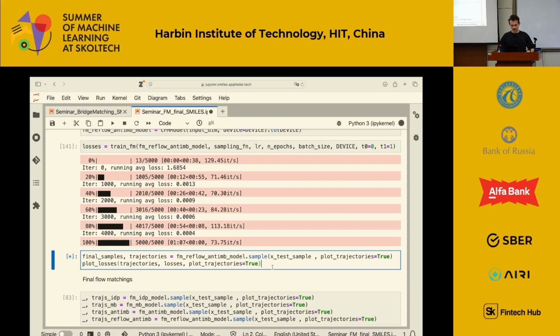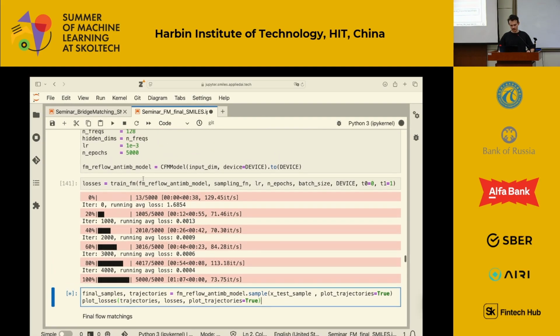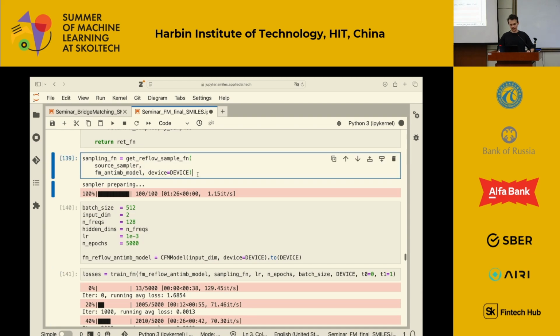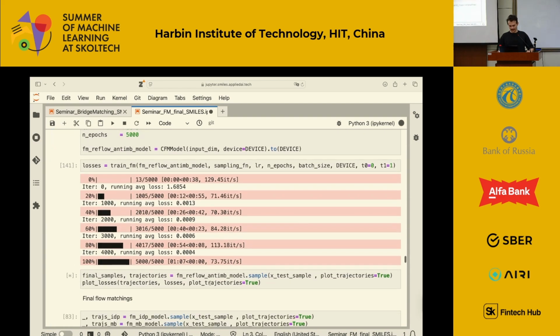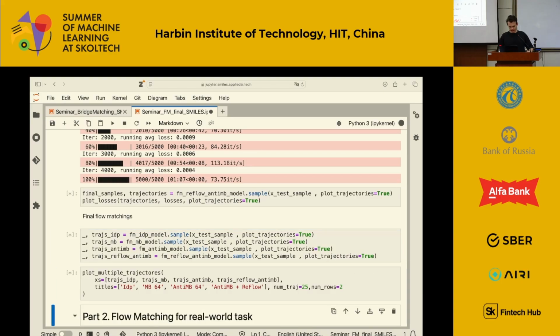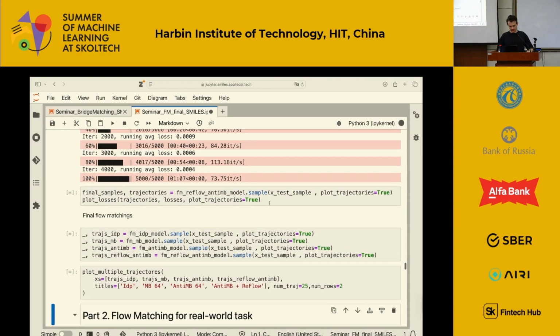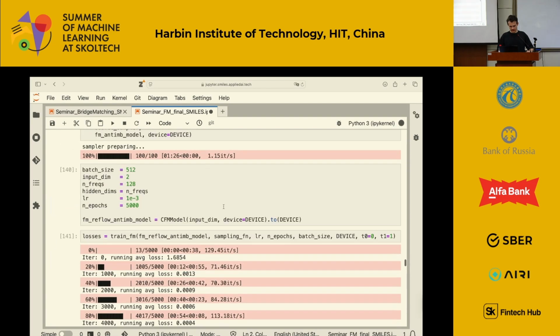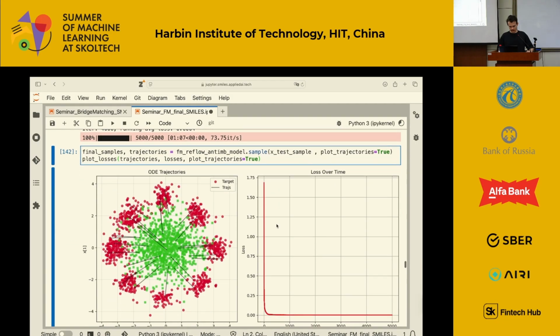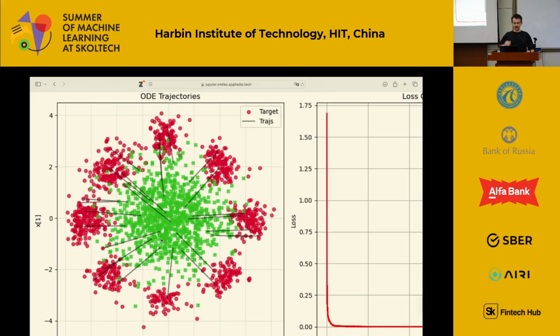It has already trained, and as you can see, actually the training took less time than generation of data. Yeah. And so let's sample. It takes a lot of time to sample. Yeah. So you can see that these trajectories are actually very straight.